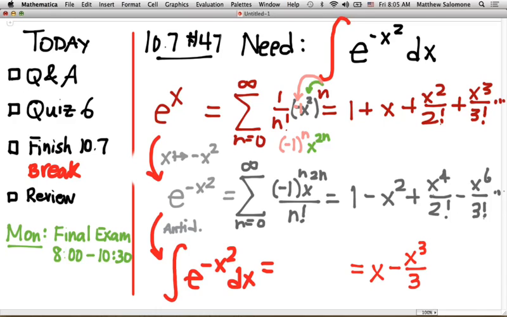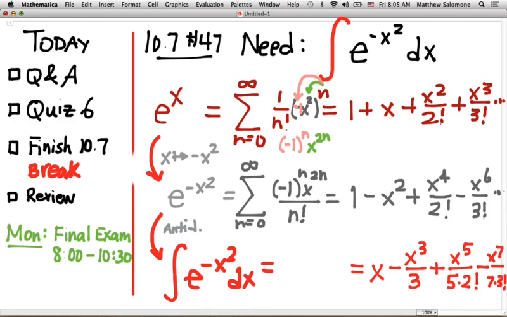X cubed over 3. Antiderivative of x to the 4th over 2? X to the 5th over 5 times 2, right? I'm going to leave that as 5 times 2 just for fun. Then I'm going to have x to the 7th over 7 times 3 factorial, and so on. So there's the first several terms of this antiderivative.